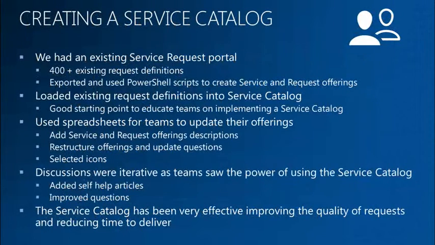Okay, so creating a service catalog. This is probably the biggest change and the biggest opportunity, in my opinion, within Service Manager 12. And it presented a couple interesting problems that I'm going to walk through. One, we already had a fairly sophisticated service request structure within Microsoft. As a matter of fact, there were about 400 predefined service requests built in, and we had built the portal where they could go in and select an application and a sub-application, and the request type was fairly straightforward.